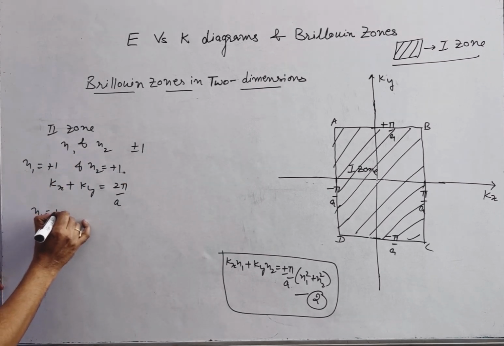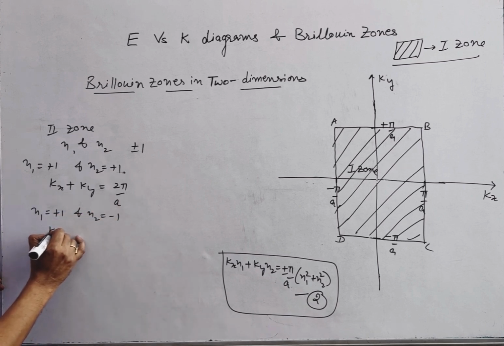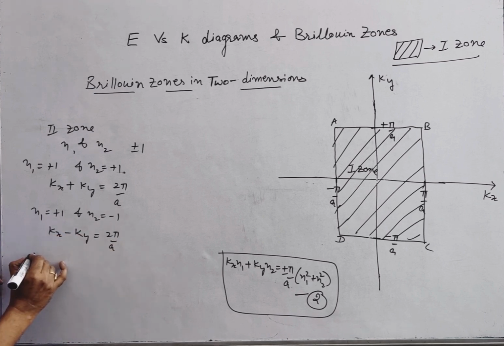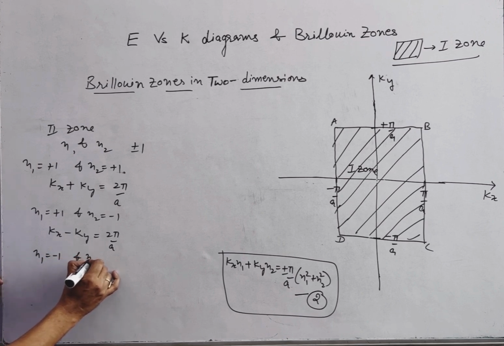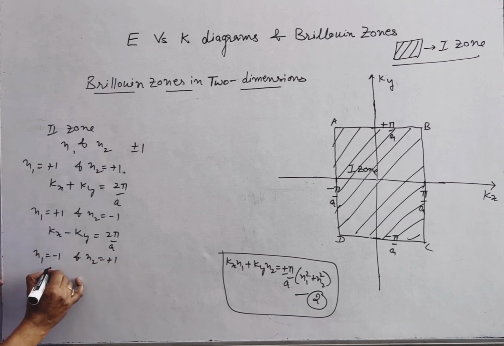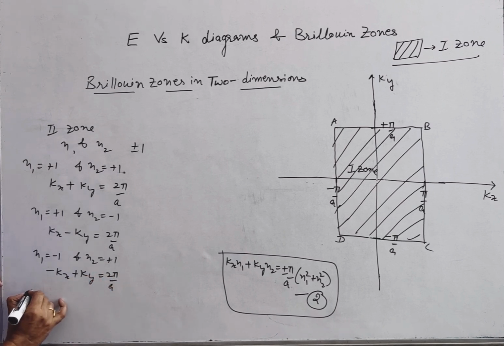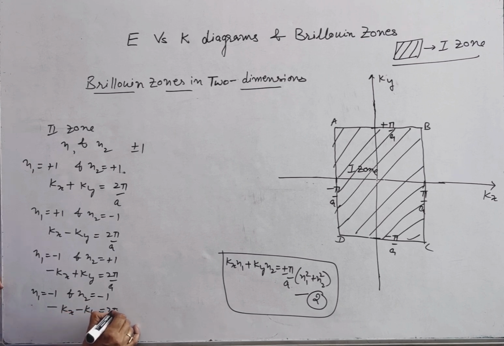When n1 equal plus 1 and n2 equal minus 1, then we have kx minus ky equal to 2 pi by a. Again, when n1 equal minus 1 and n2 equal plus 1, then we have minus kx plus ky equal to 2 pi by a. And when n1 equal minus 1 and n2 also equal minus 1, then we have minus kx minus ky equal to 2 pi by a.